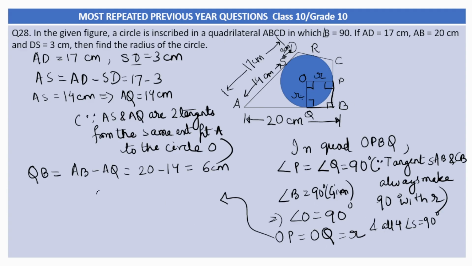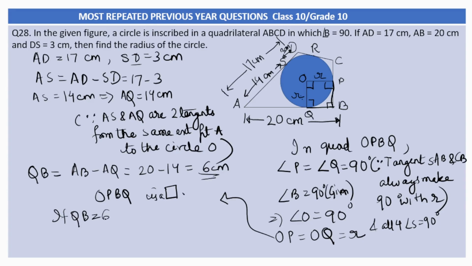Then this OPBQ is what kind of quadrilateral? It's proof that it is a square.